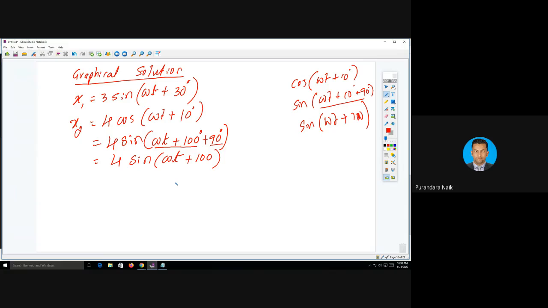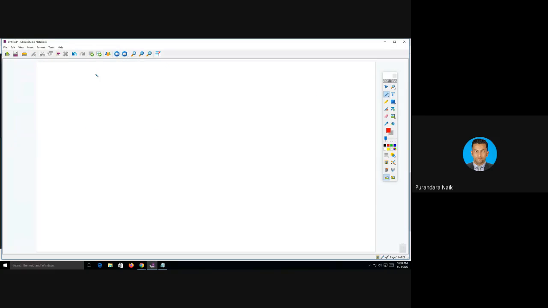You can do it like this also: take minus 90, then that can be converted into sine. Otherwise, you can directly take it the same as the previous problem. So here, sine omega t plus 100 degree. So x1, x2, directly you can take it in the graph. I'm going to take a graphical solution.